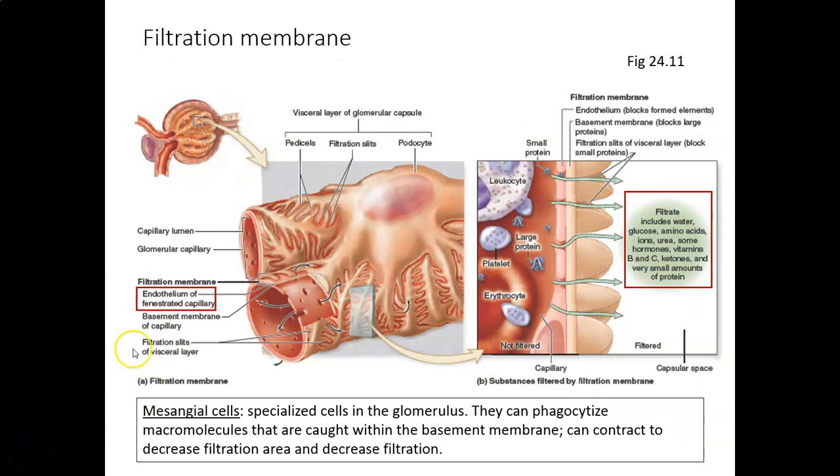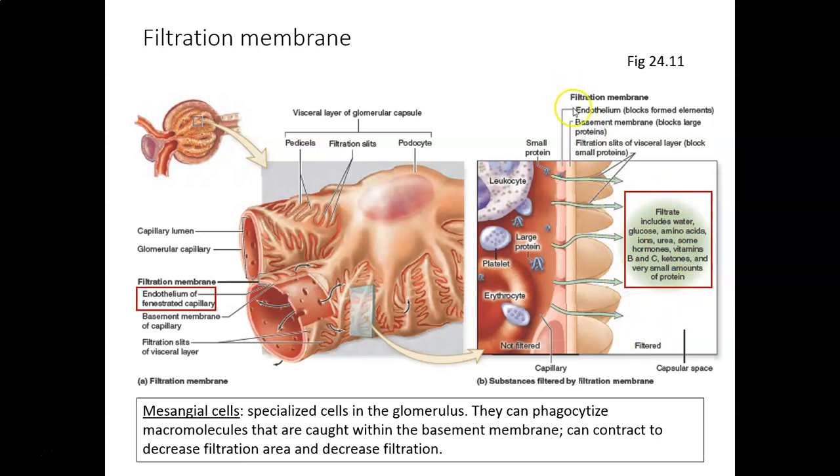So now let's look at the first part of the process, filtration. We already talked about how filtration basically means the plasma gets filtered from the blood in the glomerulus into the capsular space. So we are going to look at the filtration membrane here. On one side of it is the capillary, on the other side is the capsular space.